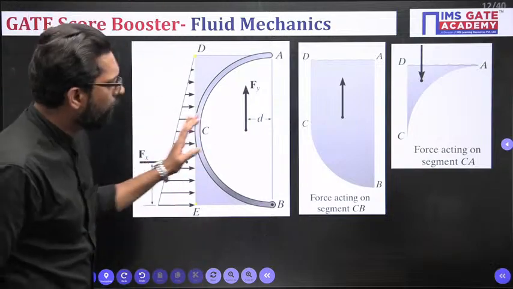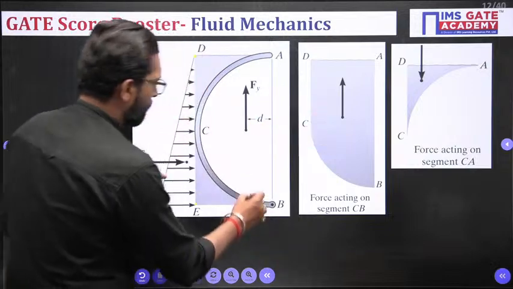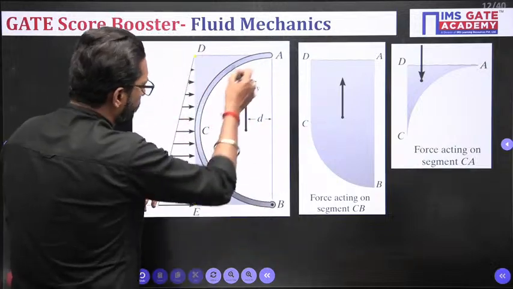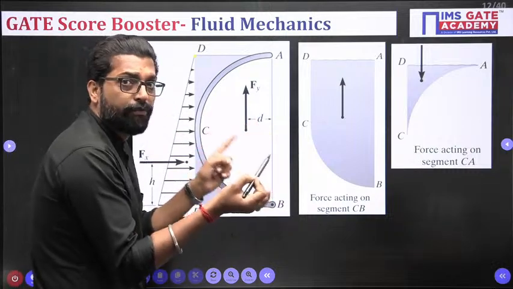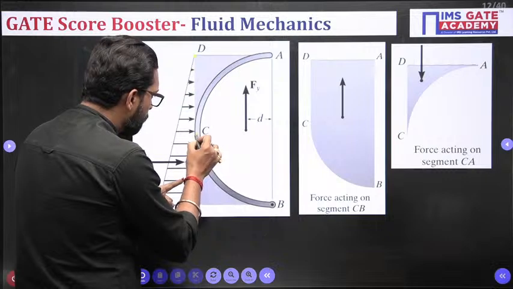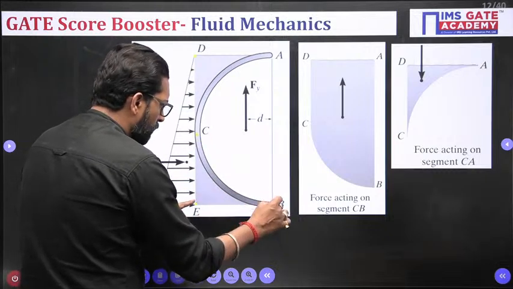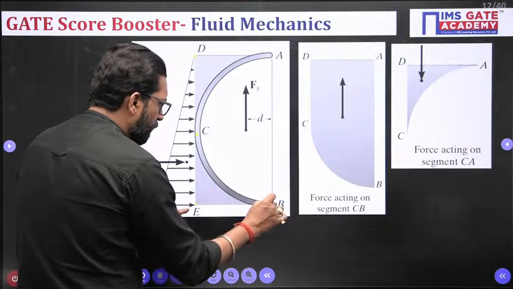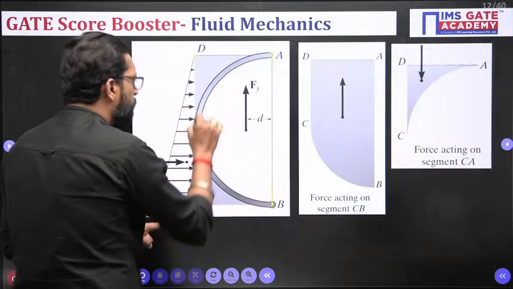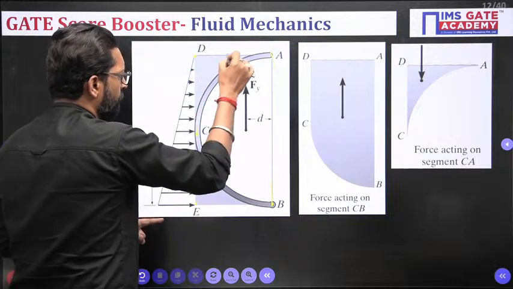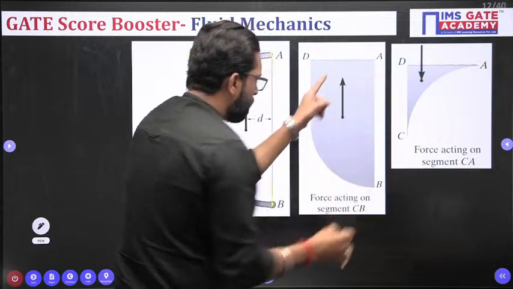Now the water is held by the plate, so we have to find the vertical force. For this portion you have to take this point up to the free surface. So this much of the fluid has this much weight.